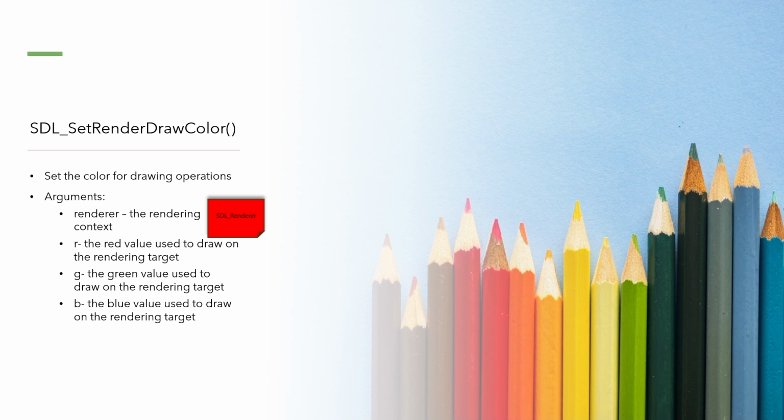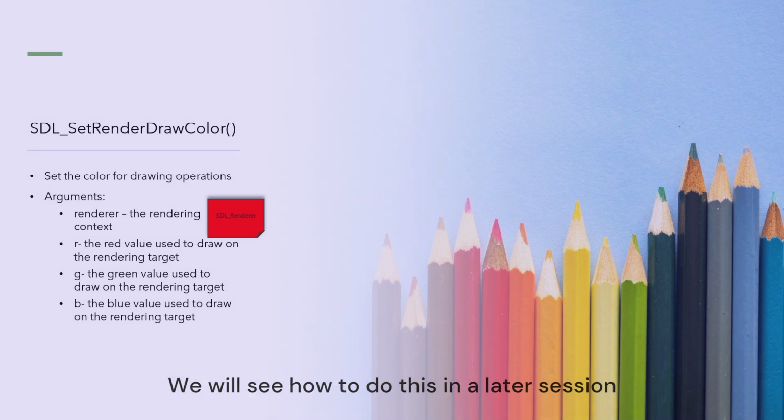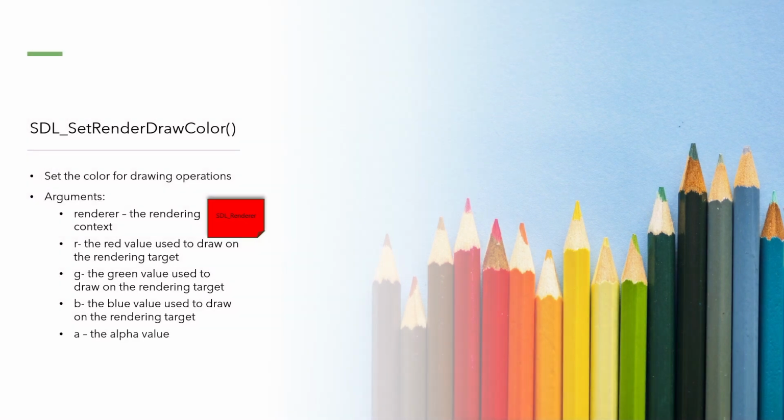Now, how do we get these RGB values? If you're not sure about the red, green, blue values of the color you want, the easiest way to get them is to go to Paint, select your custom color, and then Paint gives you the RGB values, which you could then include in your code. We also need to provide an alpha value, which is a transparency value.